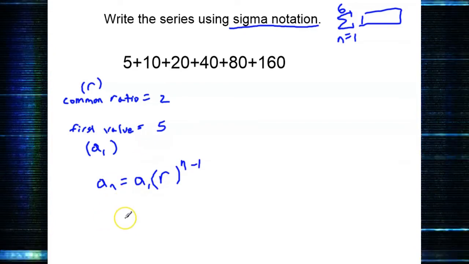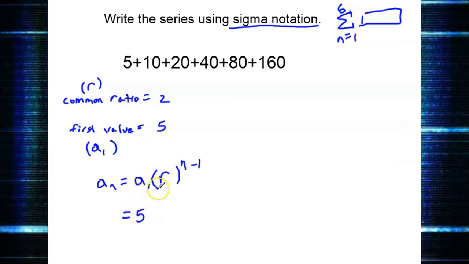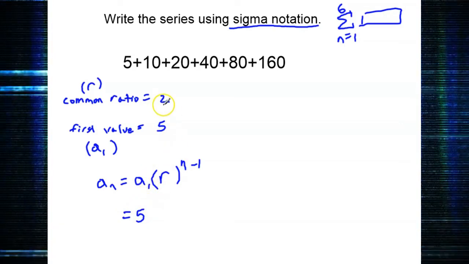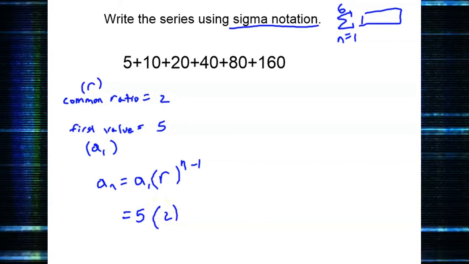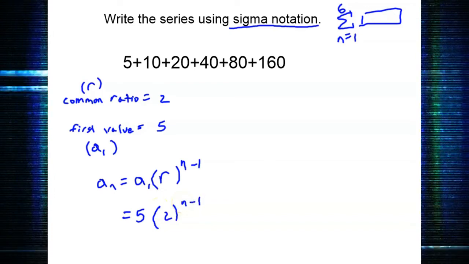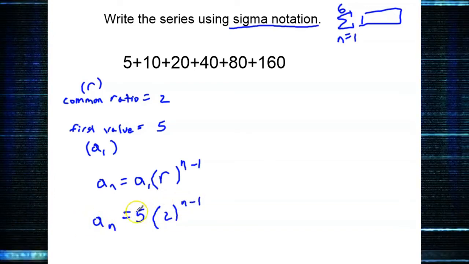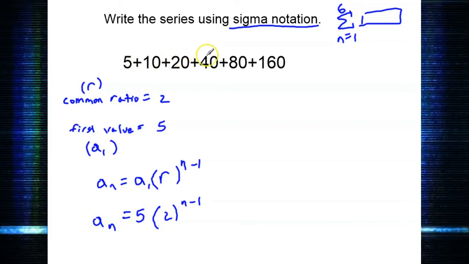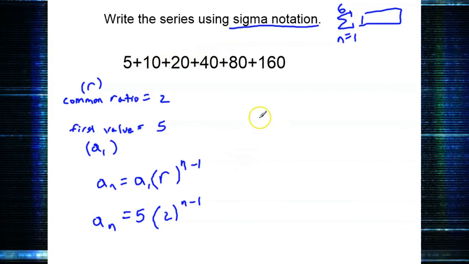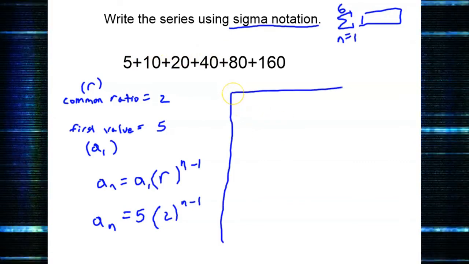So the A sub 1 we know is 5, and R we know is 2. So all we need to do right now is write this to finalize our series here. So this is our series, and we're going to express this again in sigma notation.